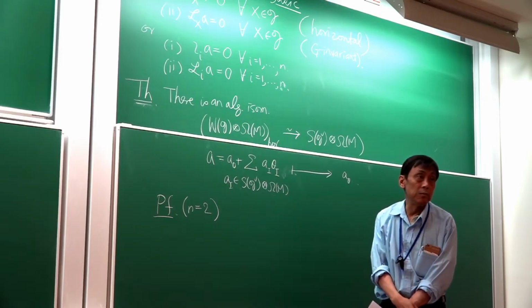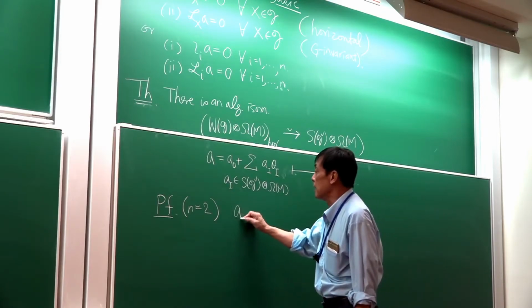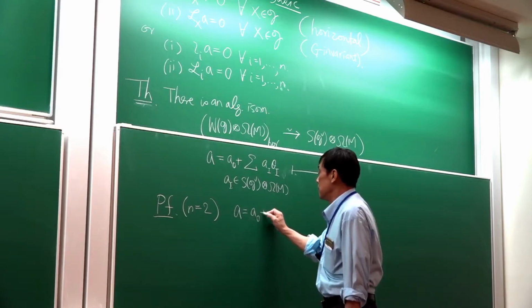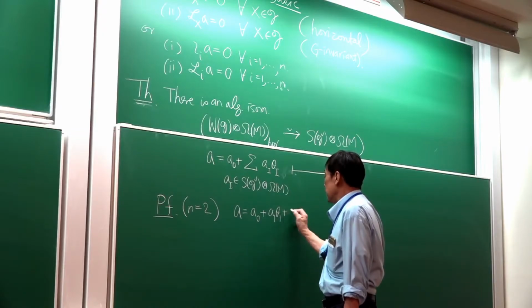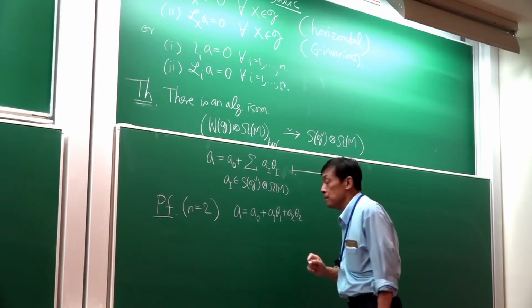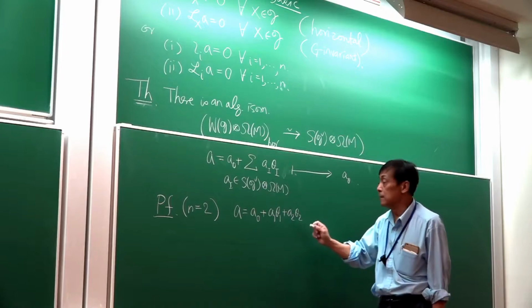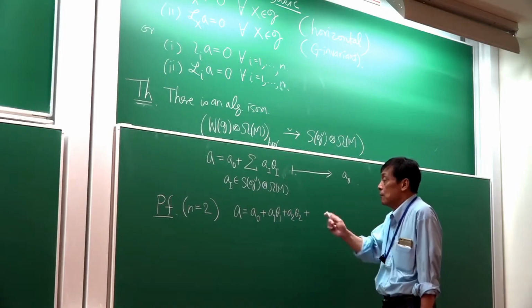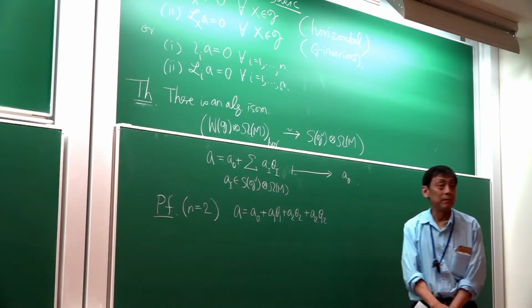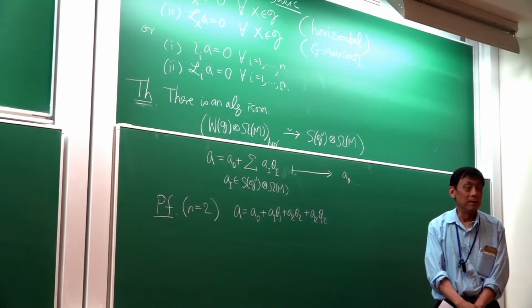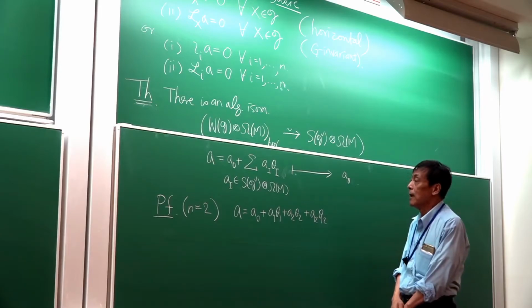So when n is equal to 2, then A is A0 plus A1 theta 1, A2 theta 2. And then you have one more term, A12 theta 12, right? So that's all you have when n is 2, okay?